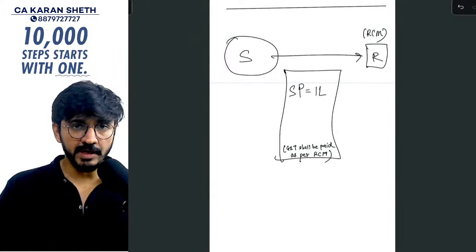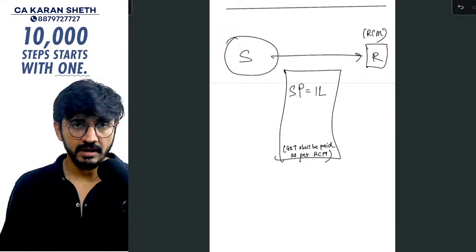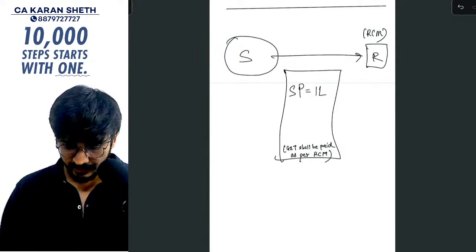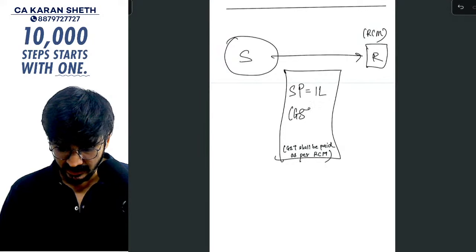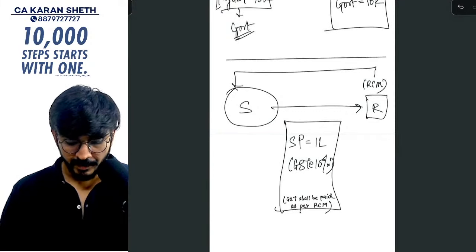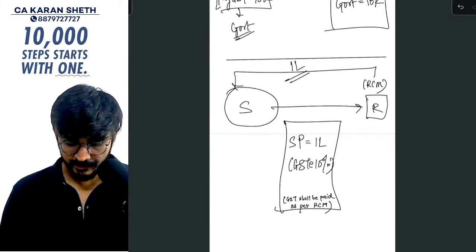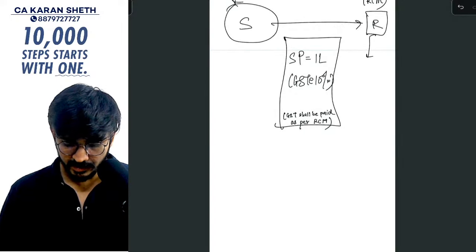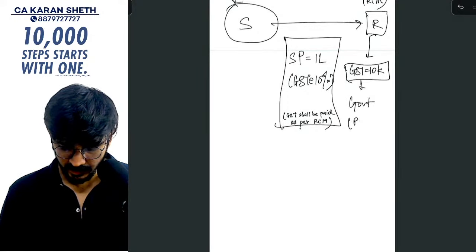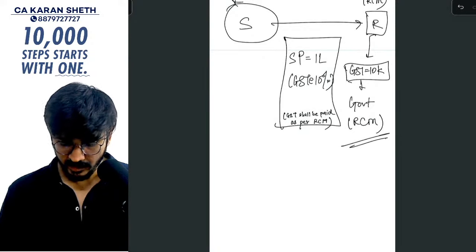And it is the recipient who will pay tax to the government, right? So if the GST is at the rate 10%, then in that case, recipient will pay to the supplier 1 lakh and it's the recipient who will pay GST 10,000 to government as per RCM.